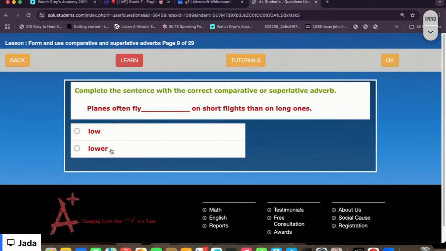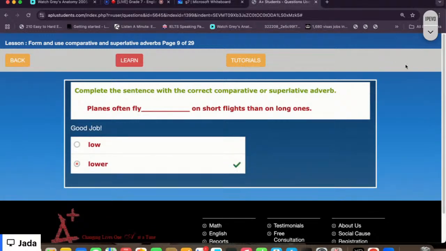Okay, so planes often fly dash on short flights than on long ones. So low or lower. So flies lower on short flights.